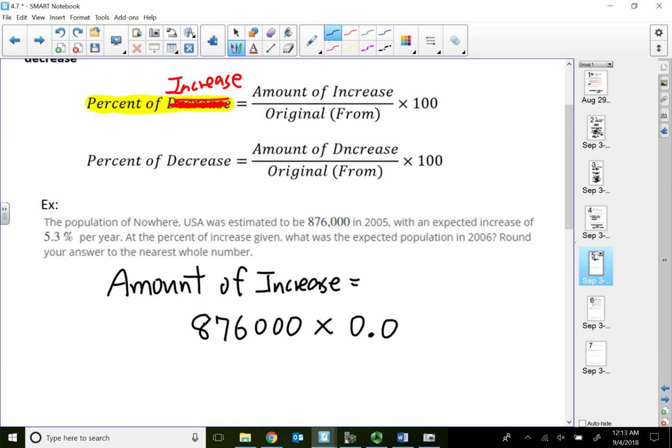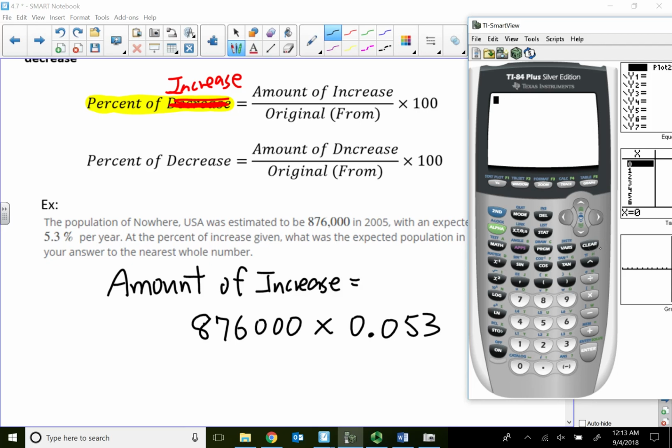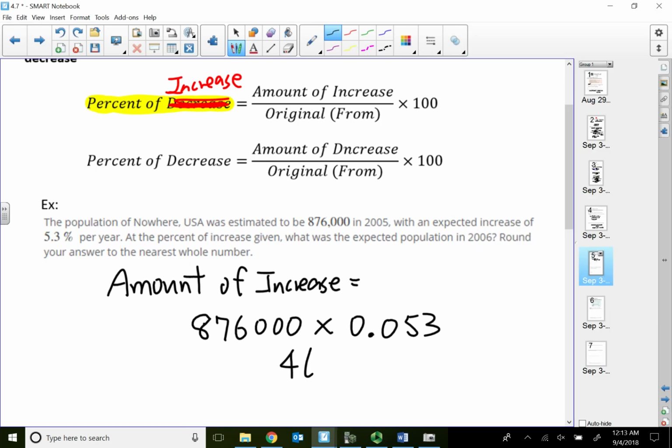In decimal, that is 0.053. The amount of increase is a part of what the population was, so the part equals percent times the whole. 876,000 times 0.053 gives an expected increase of 46,428 people.